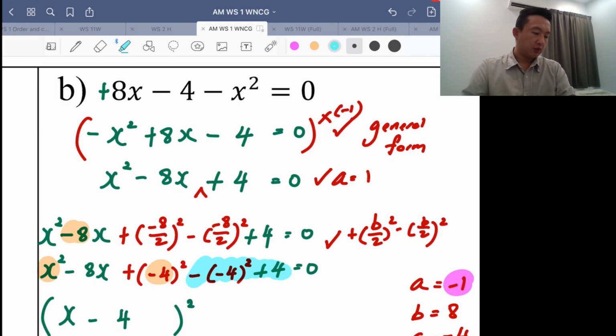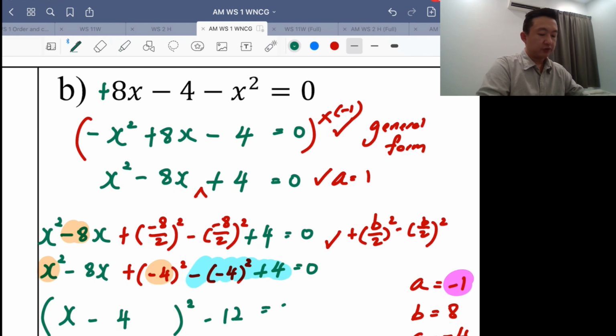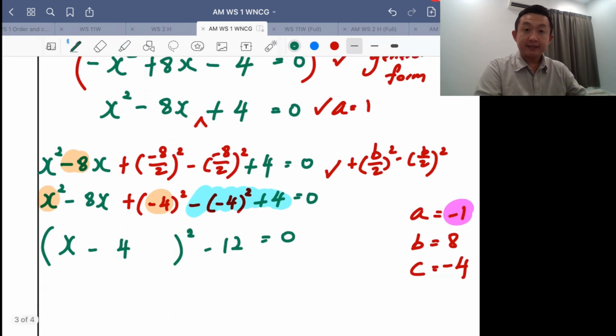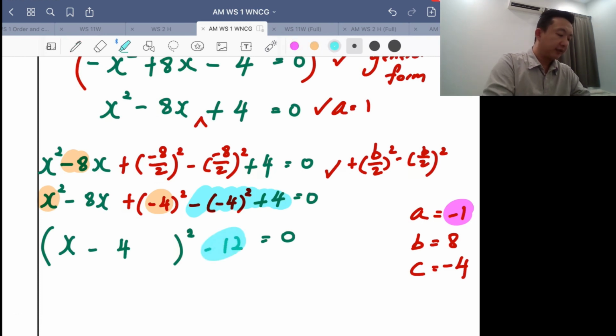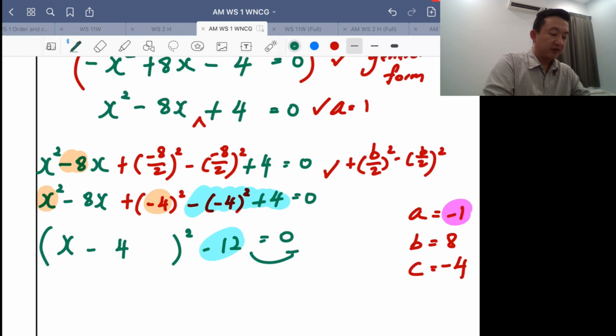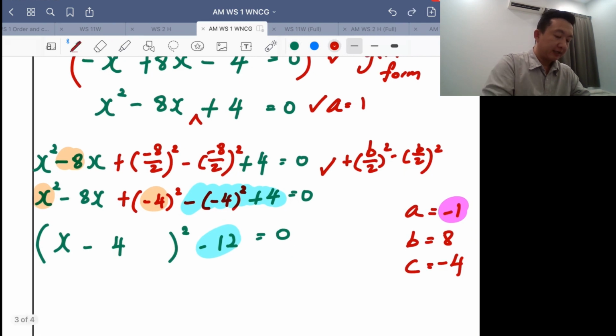So we have minus negative 4 squared plus 4. You should have negative 12 equals 0. And then since you need to find the value of x, you are going to move part by part. Of course, I'm moving this part, which is outside of the brackets, to the other side.